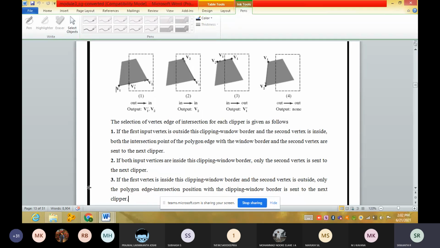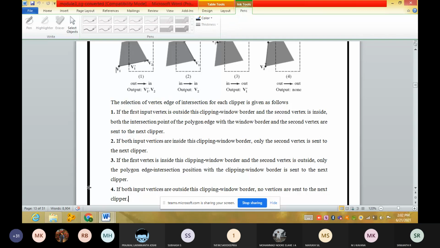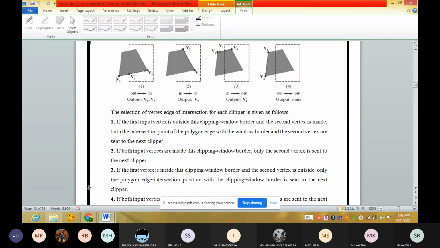That's the algorithm. You can take this as a reference only. Example: if the first input vertex is outside the clipping window border and the second vertex is inside, that is the first case, out to in.